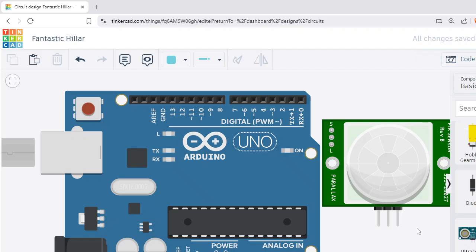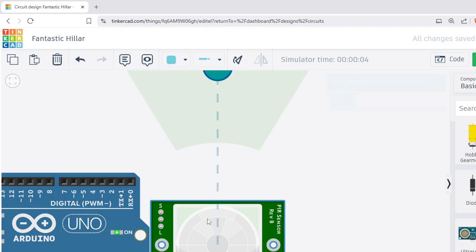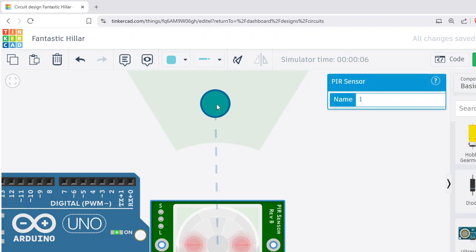For example, if I start the simulation and move this somewhere here, this red light glows. When I stop the movement, the red light goes off, which means the signal is not going out. The moment I move something, it will glow for some time. So this is basically called a proximity sensor, and it senses whether there is a movement in the vicinity.